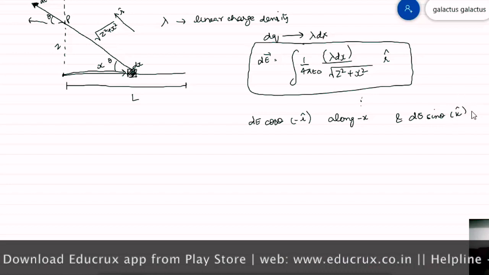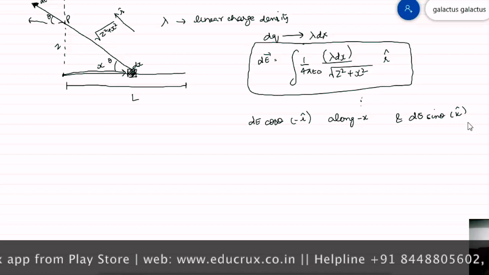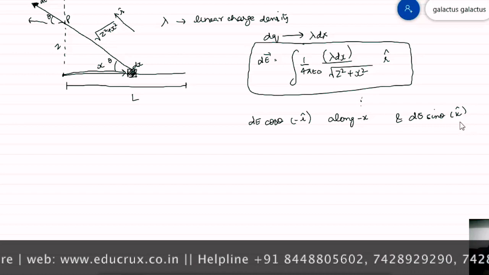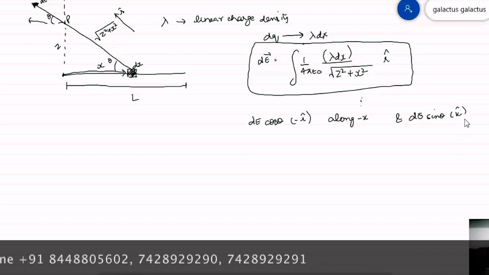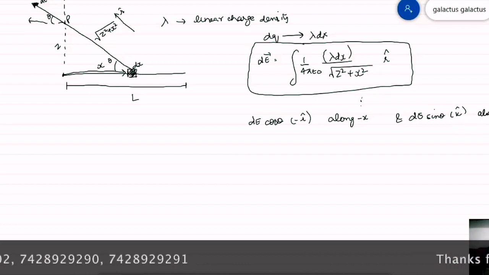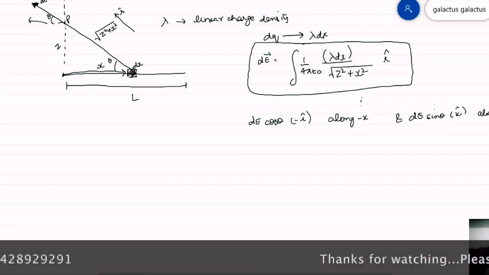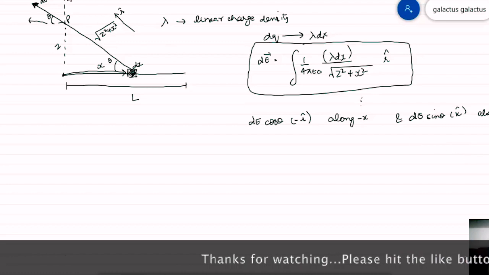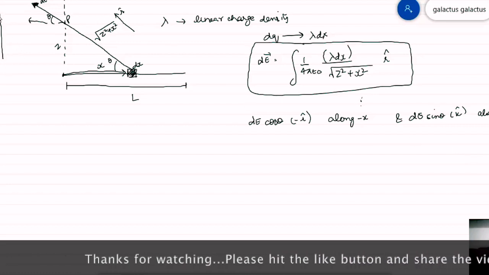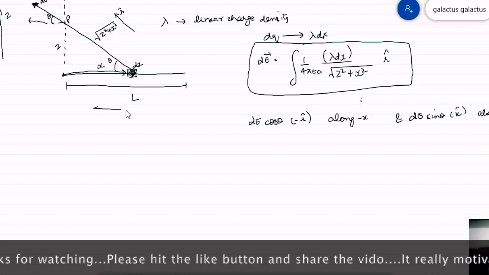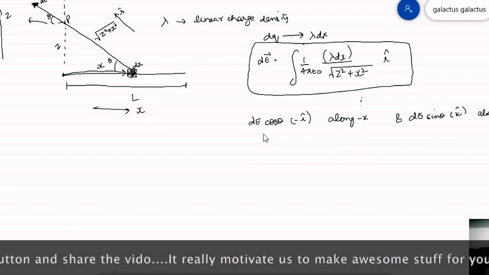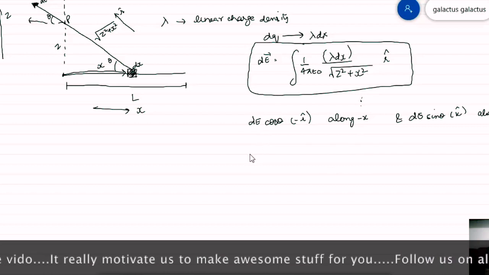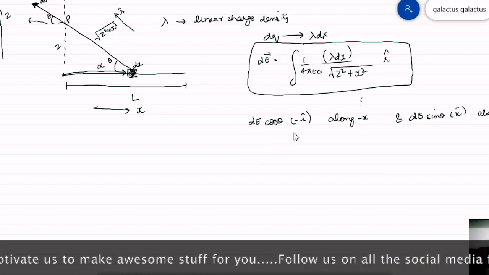Okay, and the wire is kept along x and y is outwards. Okay, so along plus z. So this direction is z and this direction is x. So I'll consider one component at a time. So let's consider dE cos theta.